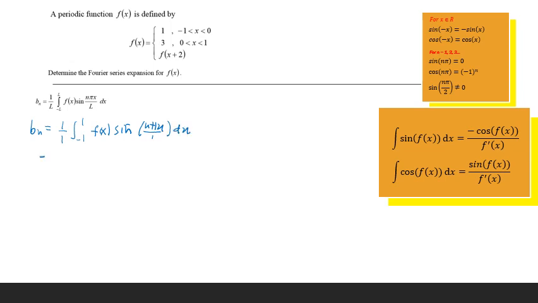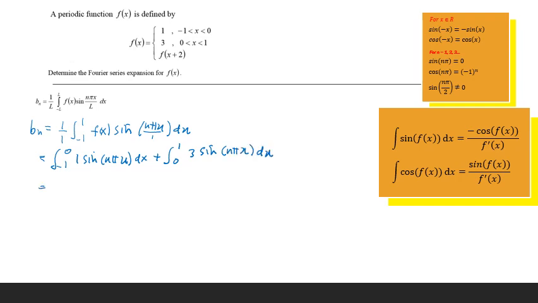Define the function that occurs from -1 to 1. So we have -1 until 0, where the function is 1, sine n pi x dx, plus another function that occurs from 0 to 1, so we have 3 sine n pi x dx.